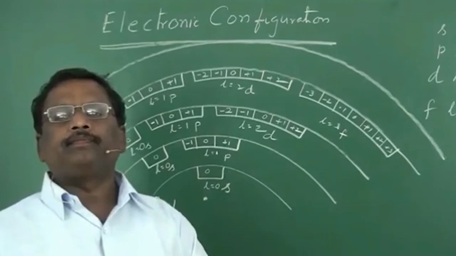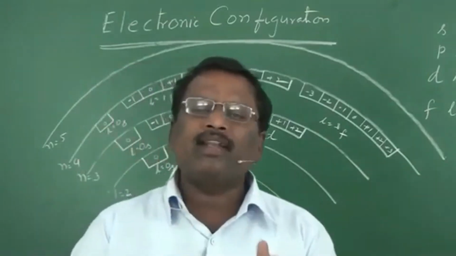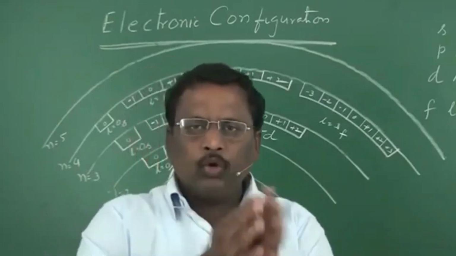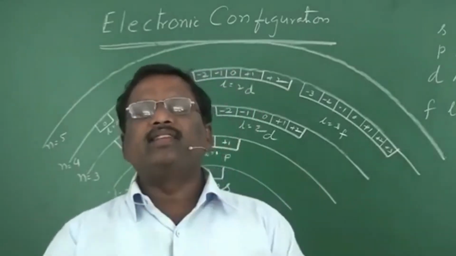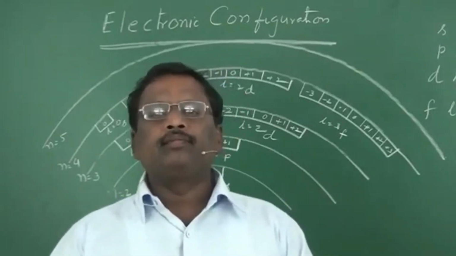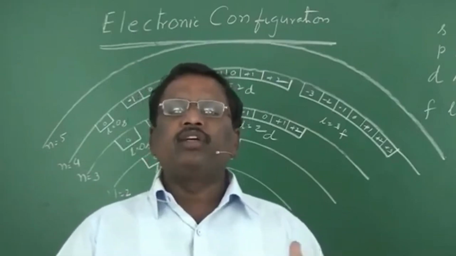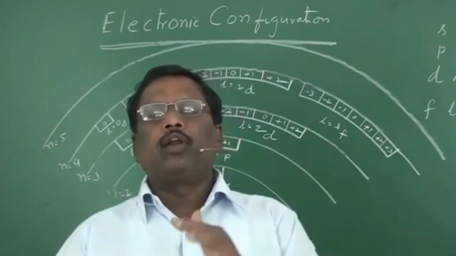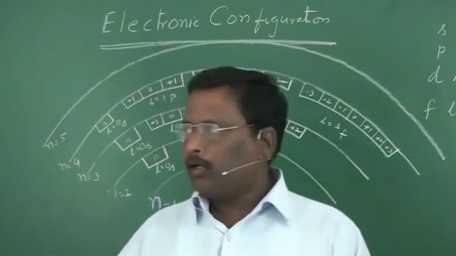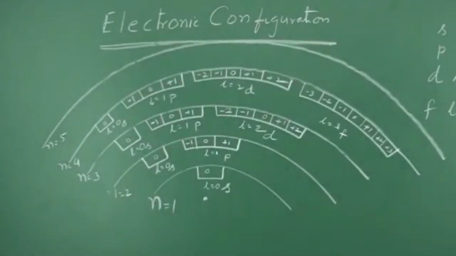The electronic configuration, or filling up of electrons in different atomic orbitals, is governed by certain rules. They should follow certain rules. Now let us discuss those rules which guide the filling up of electrons. Those rules are: number 1 is Aufbau principle.